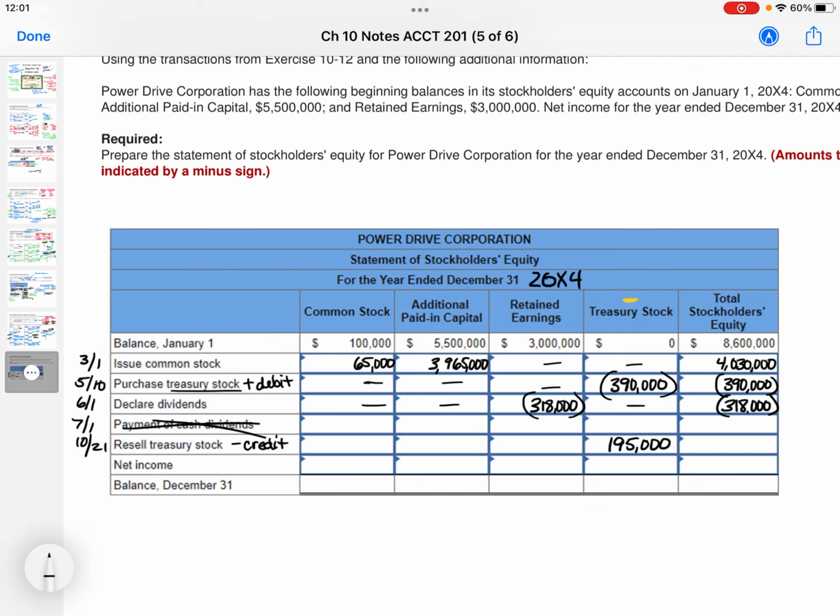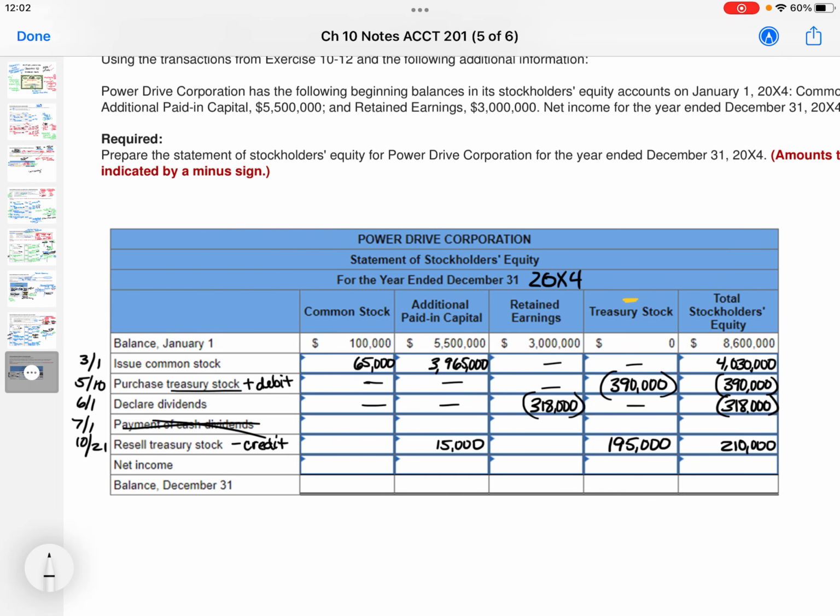So 195, oh, and then the PIK, sorry, don't forget the paid in capital, 15,000. And so in total, it's 210,000. Nope, that should be in total. It should be no, that's right, 210,000. You know what? Yes, I'm thinking of a different problem where it was 220, remember?